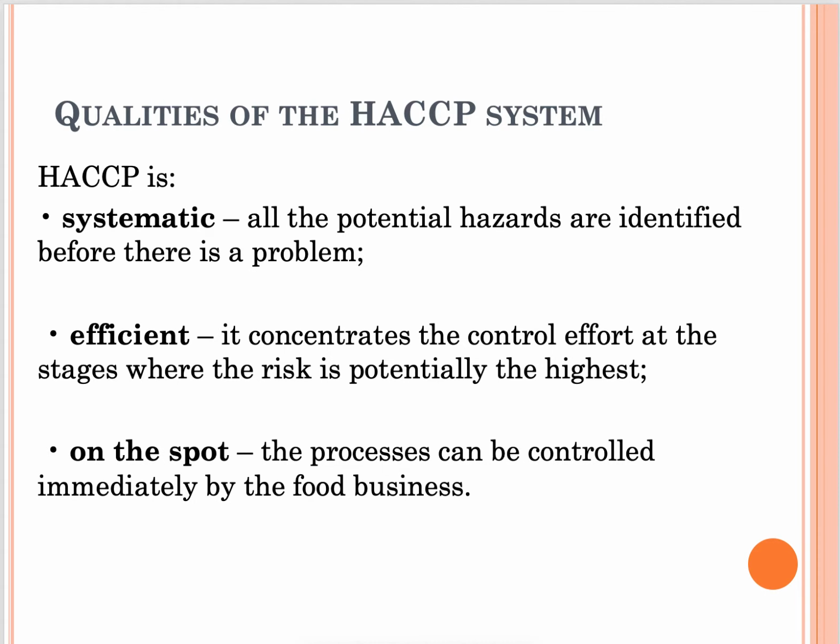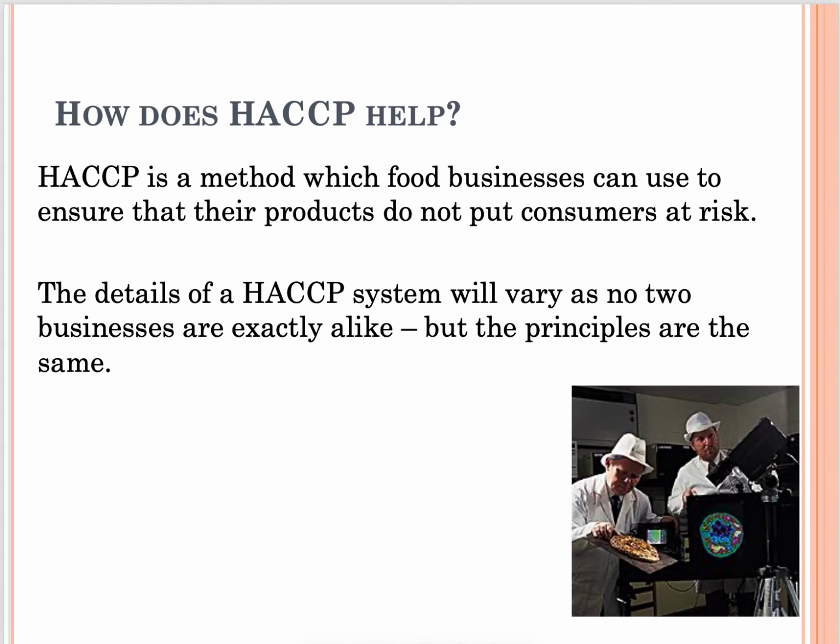So, how does HACCP help a company that maintains it? HACCP is a method which food businesses can use to ensure that their products do not put consumers at risk. The details of a HACCP system will vary, as no two businesses are exactly alike, but the principles are the same.